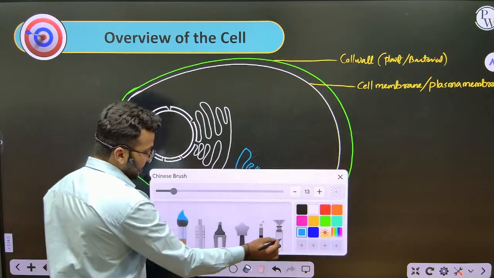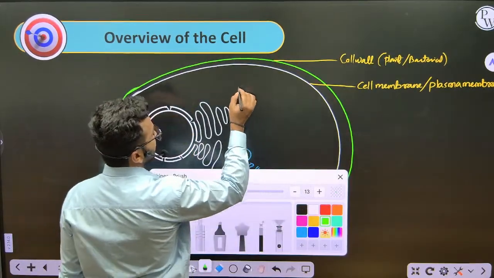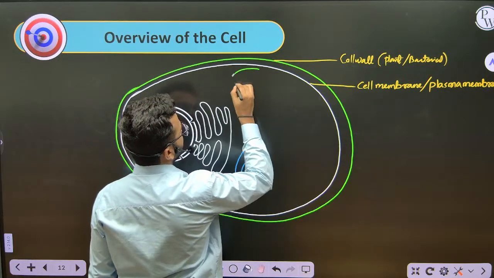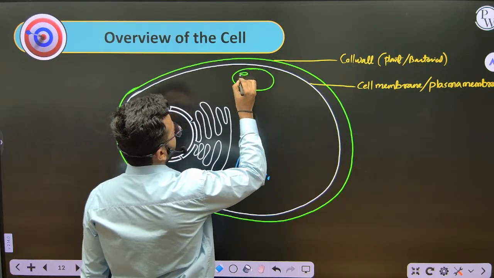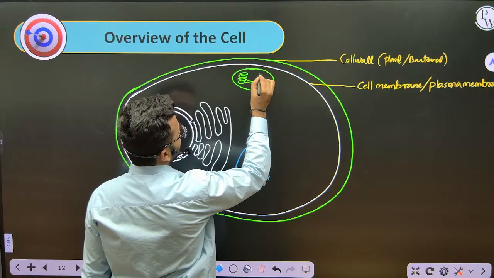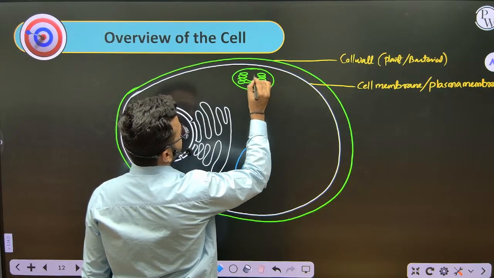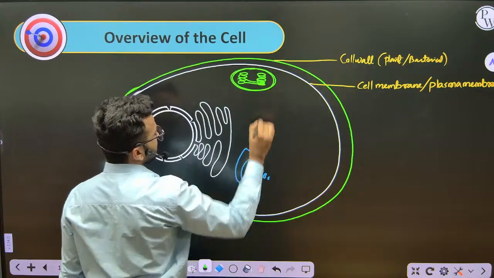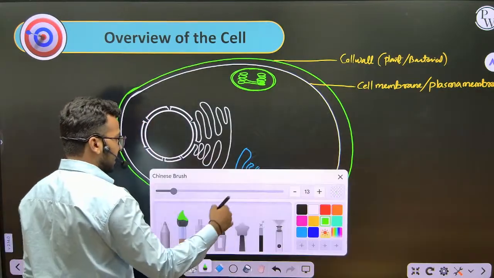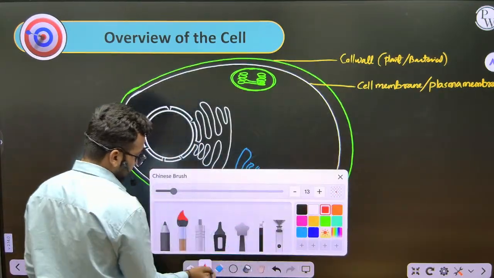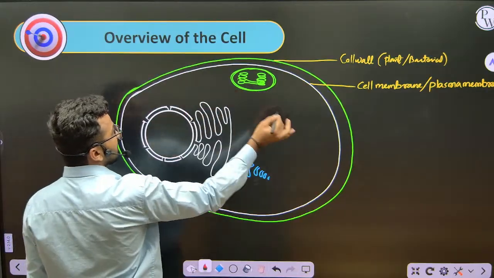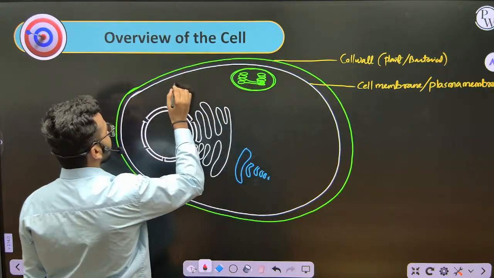And somewhere if it is a plant cell, you will be able to see the chloroplast there. If it is animal cells, or even in some plant cells, mitochondria will be there.